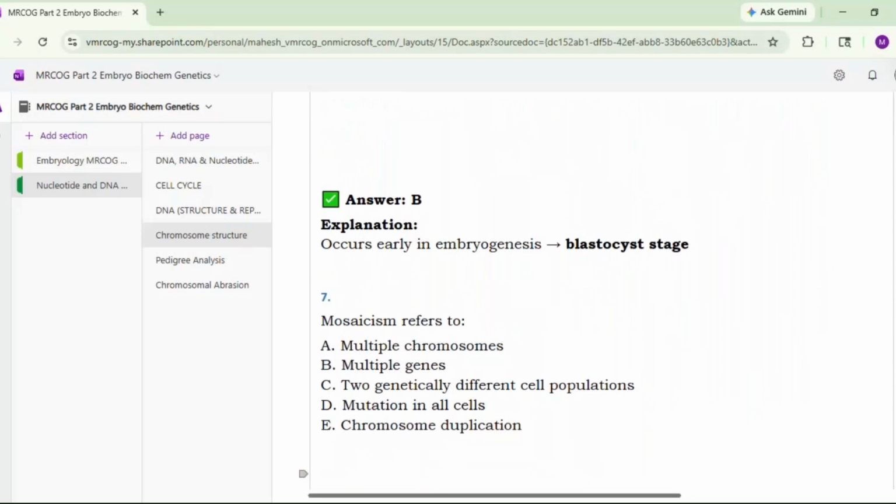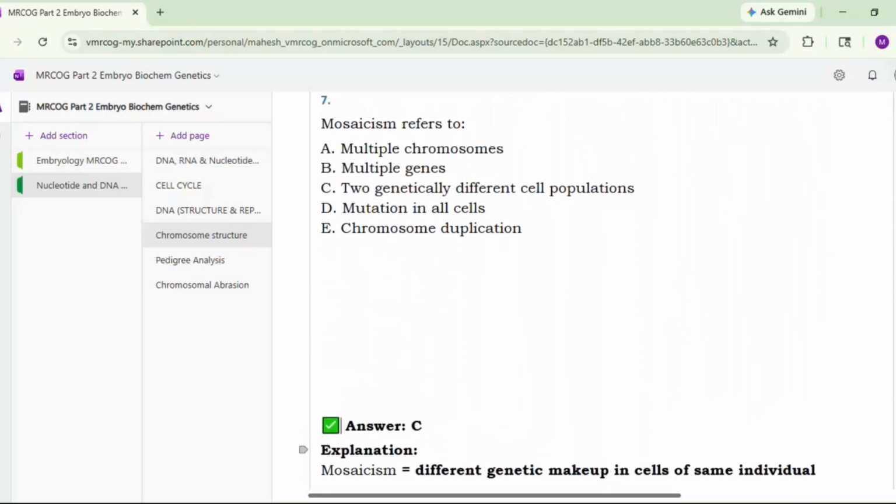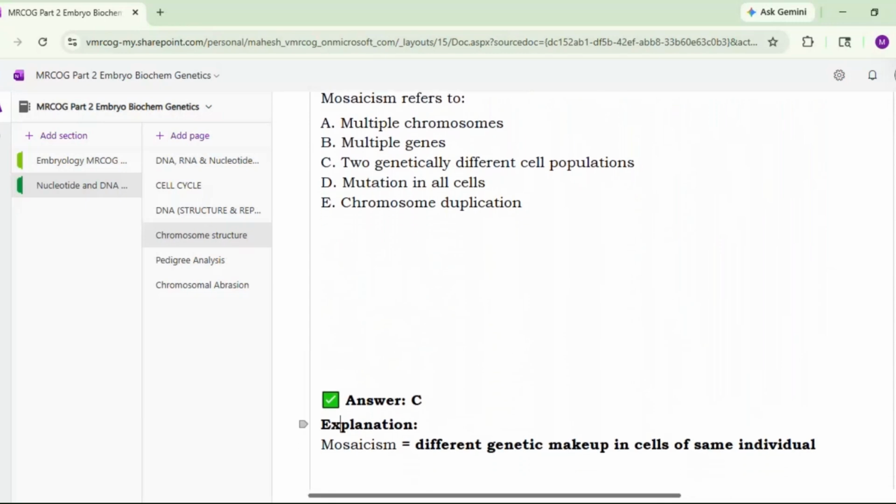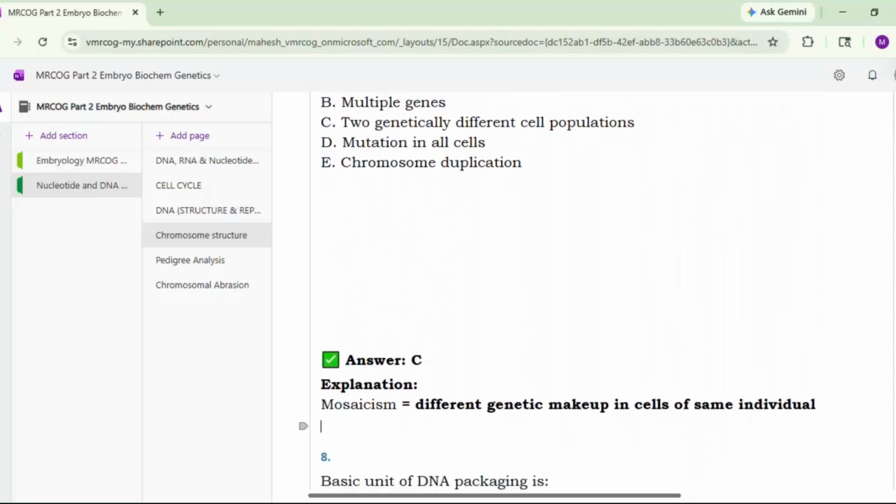So it will lead to different cell lines, different populations. One with maternal X inactivated, one with paternal X inactivated. So mosaicism leads to two genetically different cell populations. Okay, option C, mosaicism is a different genetic makeup in cells of the same individual.